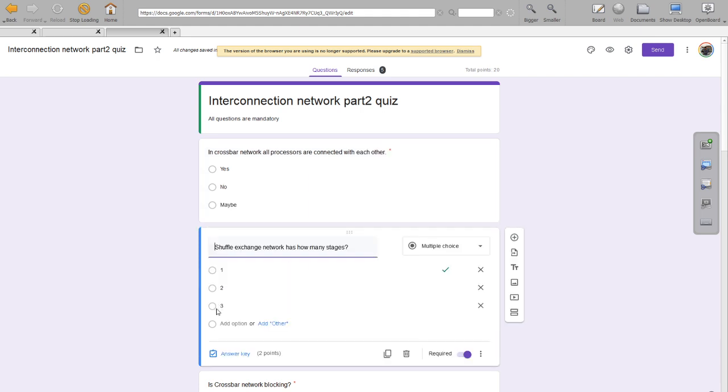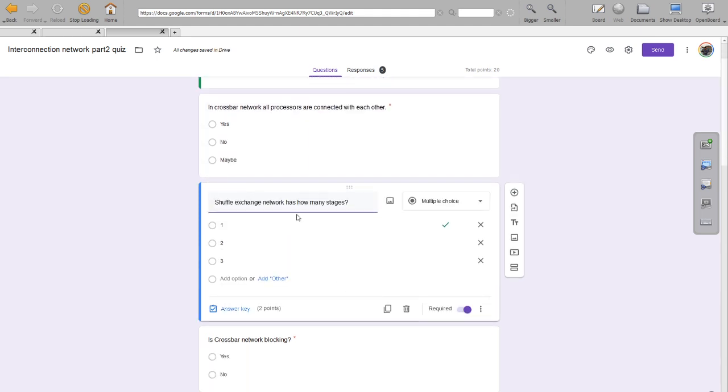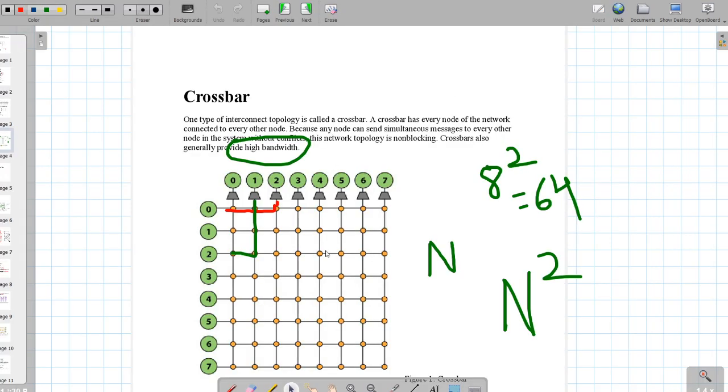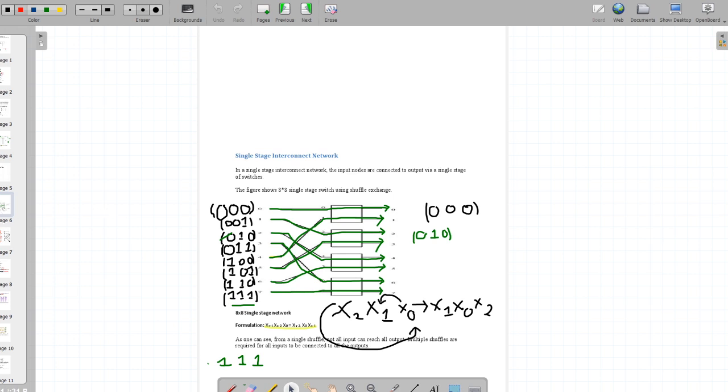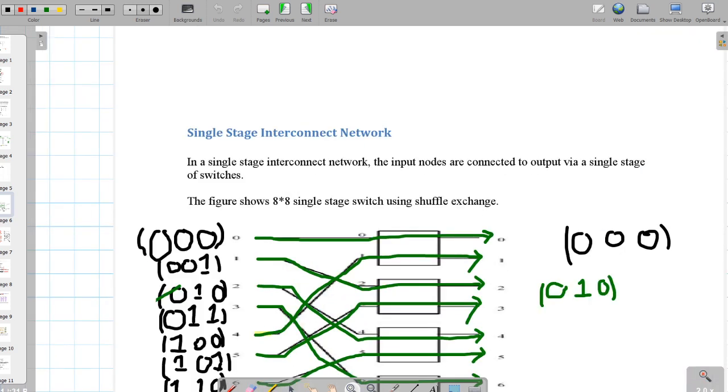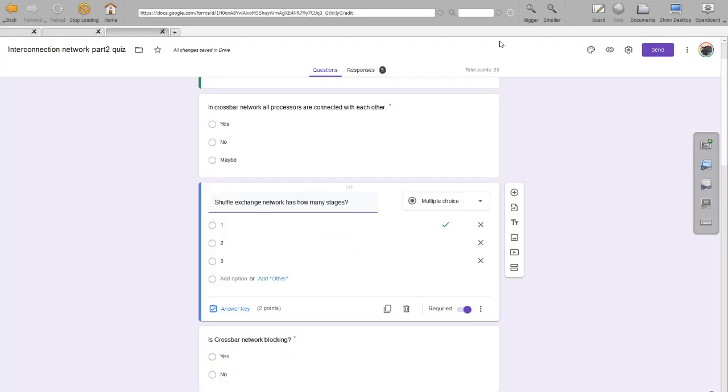Next, shuffle exchange network has how many stages? If you have followed the discussion carefully, you will find that it is basically a single stage network. So the correct answer is 1.